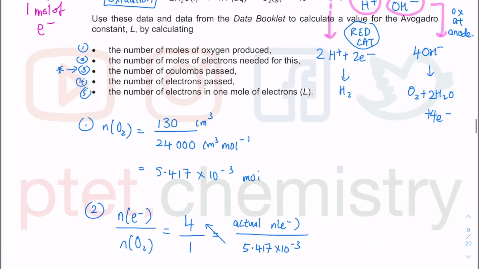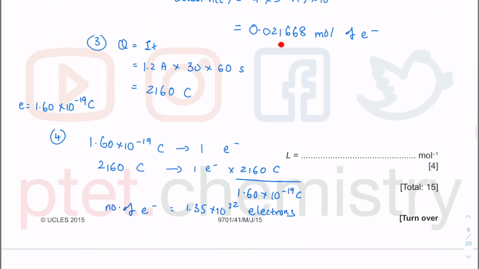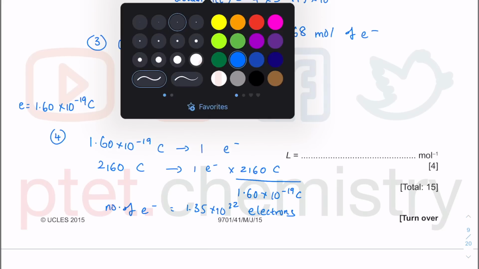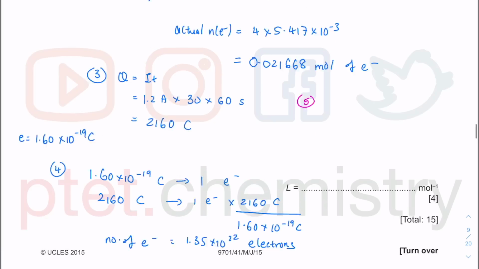Last but not least, what do I need to do? I need to get the number of electrons in 1 mole of electrons. So we know that this is the mole of electrons, and this is the number of electrons. The relationship between the Avogadro constant and this actual mole of electrons is what we want.